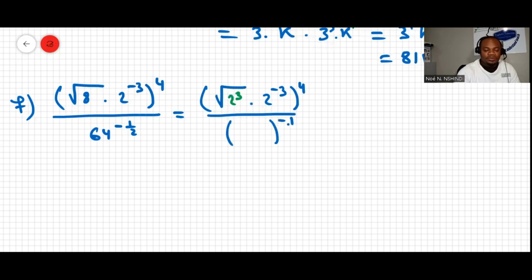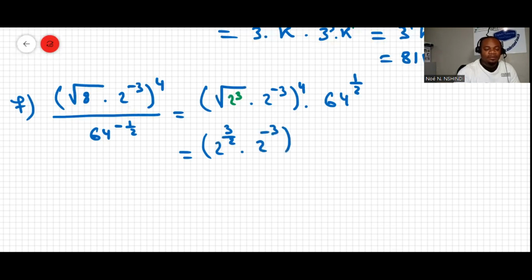Okay, I prefer to move 64 to the negative a half to the numerator, so it becomes 64 to the positive a half. Then this will be 2 to the 3 over 2, multiplied by 2 to the negative 3 all to the power of 4. 64 can be written as 2 to the power of 6.